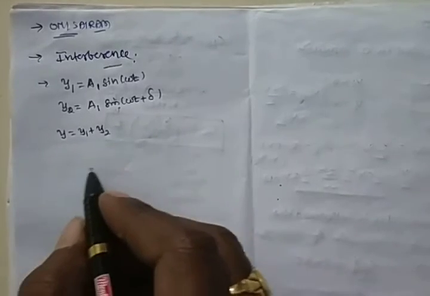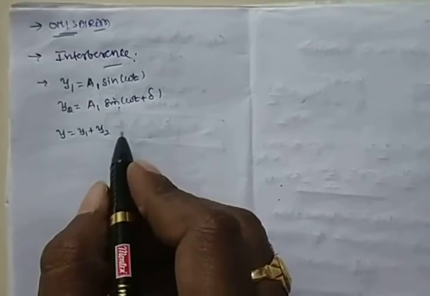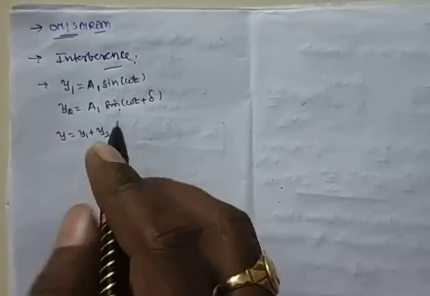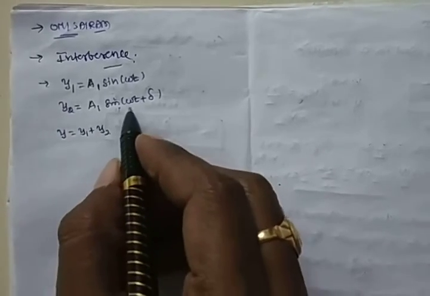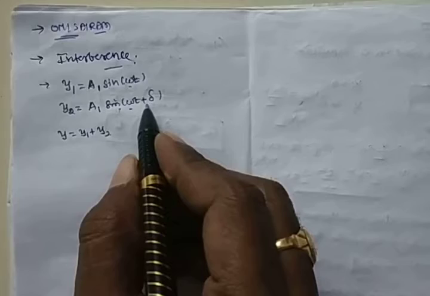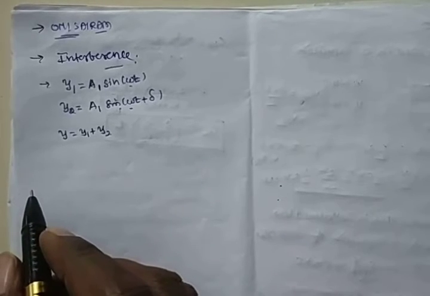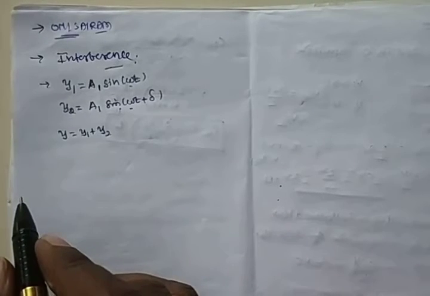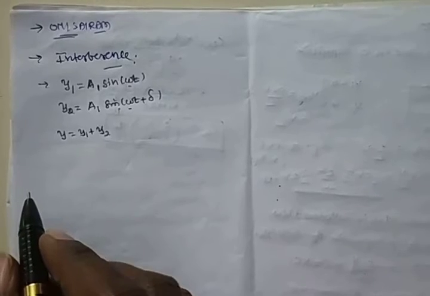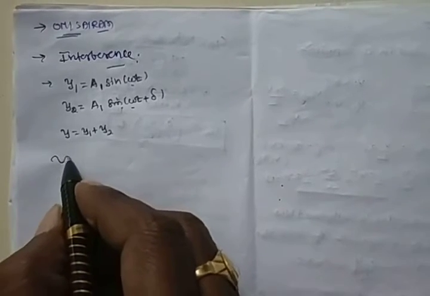So if they are having different amplitudes and nearly the same frequency and maintaining a constant phase difference, then it is said to be constructive interference. That means like this.